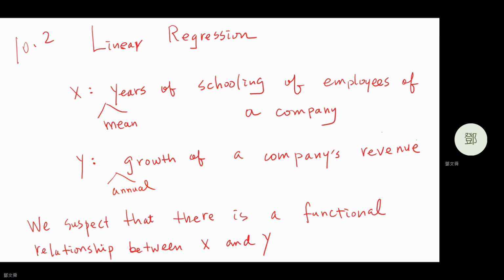And let x be the mean years of schooling of the employees of a company, in years of education. How good is the education of this company's employees? And y is how big the growth of the company's revenue is.